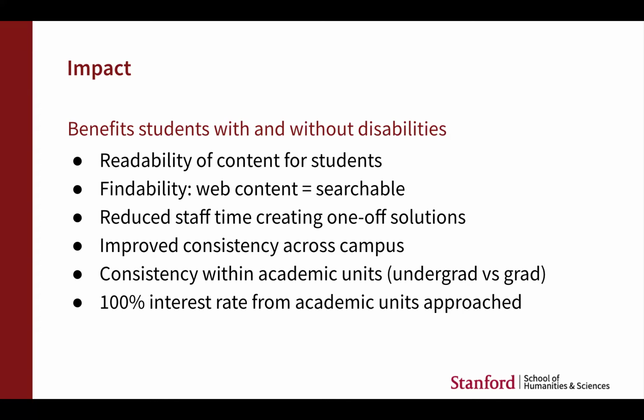So for example, if a student was trying to compare 2 different majors, they could look at the 2 different curriculum maps and they would have kind of a standard idea of what each one looks like. It's also consistent within academic units. A lot of departments have an undergrad SSO and a different person who does grad student services. So it's consistent even within departments.